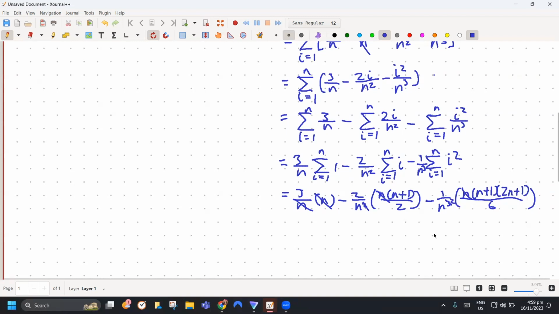Hindi, ito, next line. So, huwag mong gawin yung cancellation, or gumamit ka ng ibang kulay para sa cancellations. Tapos, pakita mo yung next line.